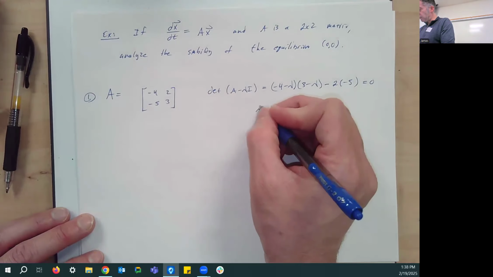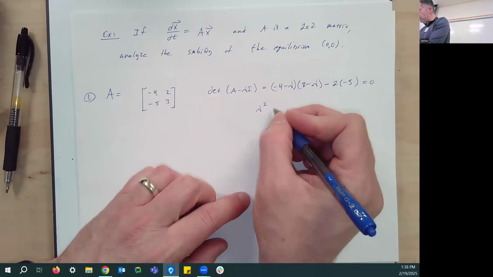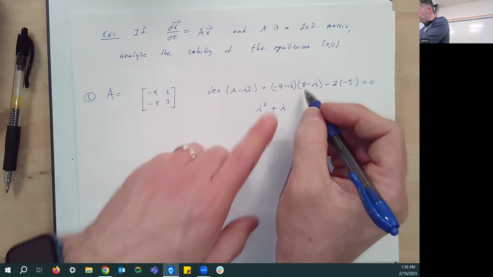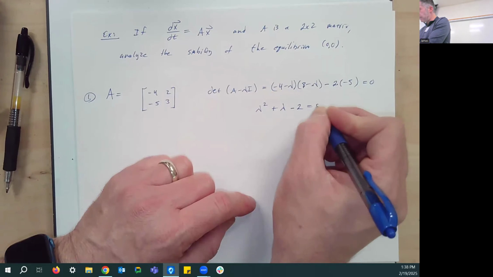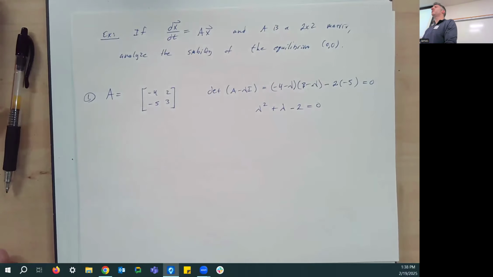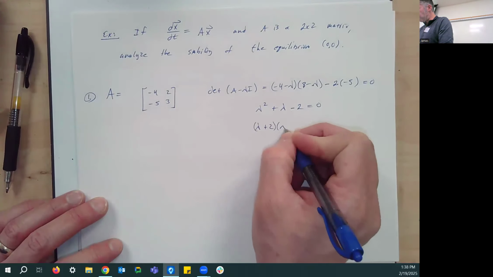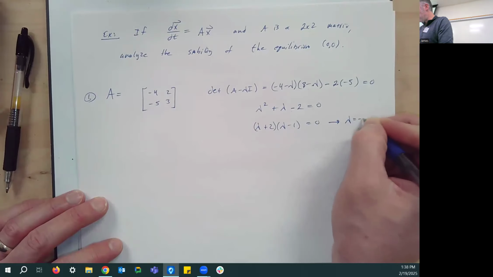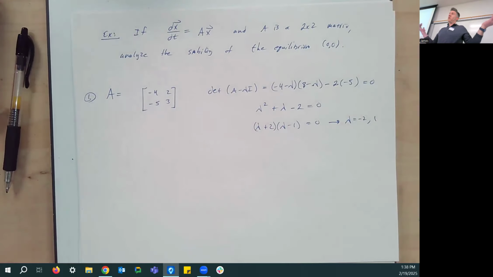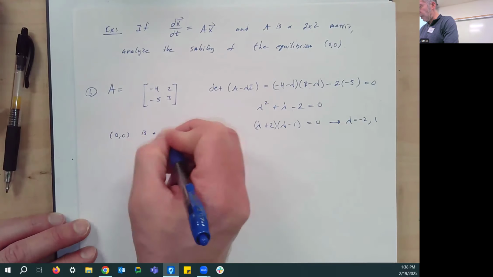We've got lambda squared plus 4 lambda minus 3 lambda, which is plus 1 lambda, and then minus 12 plus 10 is minus 2. Sometimes these factor, sometimes they don't. So we're going to get (lambda plus 2)(lambda minus 1) equal to 0. So we get lambda equal to -2 and +1, which means we have a saddle. So (0, 0) is a saddle.